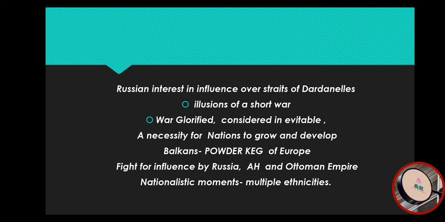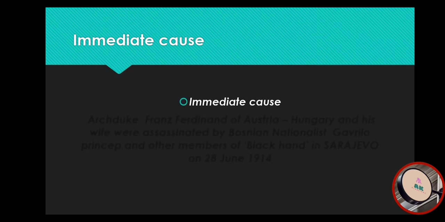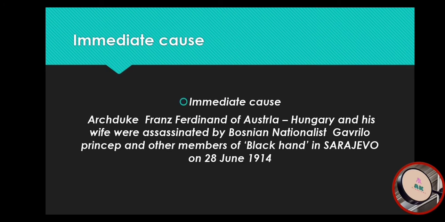Next, the immediate cause over here is Archduke Franz Ferdinand. Fix this name in your mind or in your book, first of all. Why? This man, the Archduke, was a prince of Austria-Hungary.